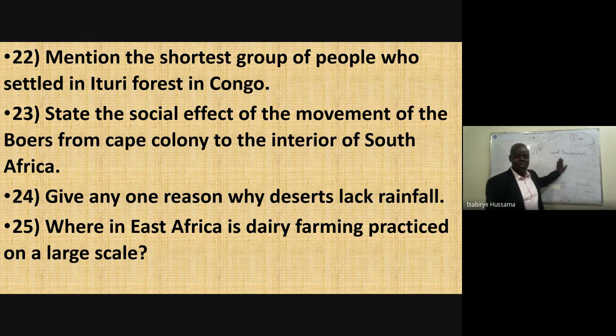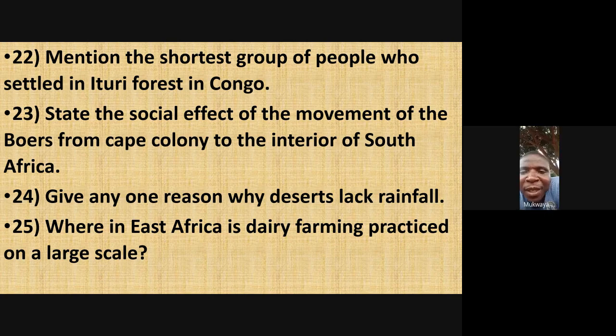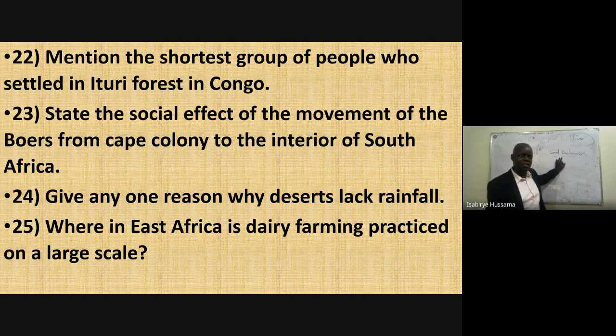And still, we shall not stop there. They will ask you. Actually, there was a year in primary 6 when they asked which system of farming is practiced in the Kenya Highlands. Mr. Mukwaya, which system do you think that is? Okay, it's dairy farming. But what is the method of farming applied in the Kenya Highlands?